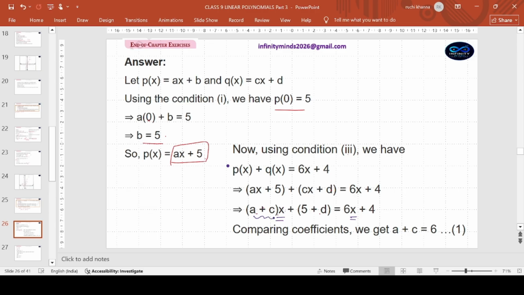So a plus c would become equal to 6 directly, as the coefficient of x. 5 plus d is going to be a constant, and so is 4. 5 plus d shall match with 4. What does it mean? If 5 plus d is equal to 4, then d is equal to minus 1. Getting my point? d is equal to minus 1 in that case.